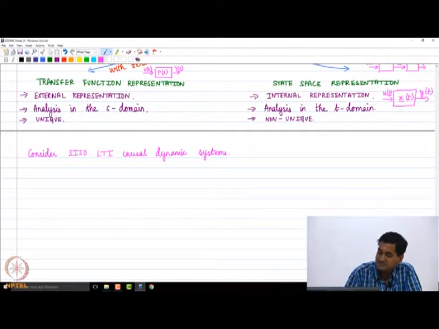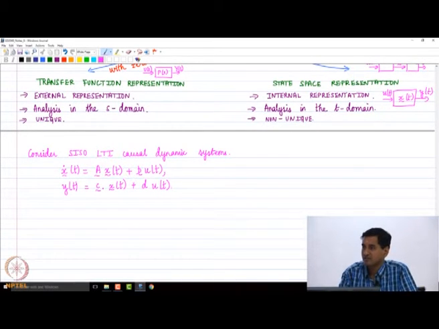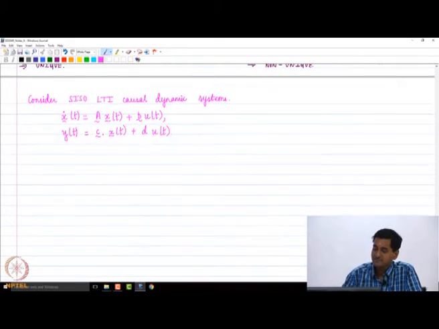We know that the state space representation is going to be x dot of t equals A x of t plus B u of t, and the output equation is going to be y equals C dot x of t. As I told you, you can also write C transpose x. Absolutely no problem. I am just writing C dot x, just a notation.